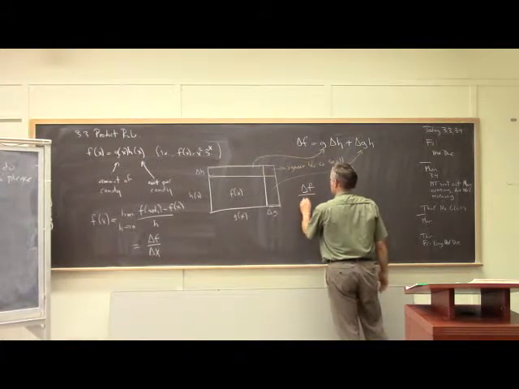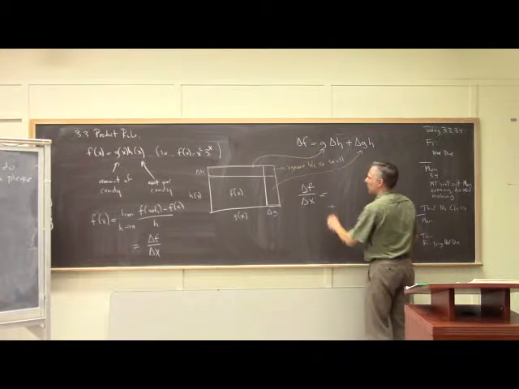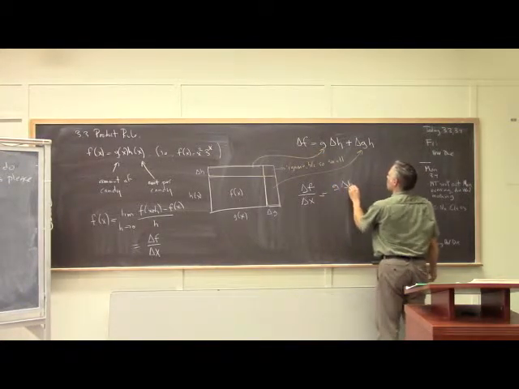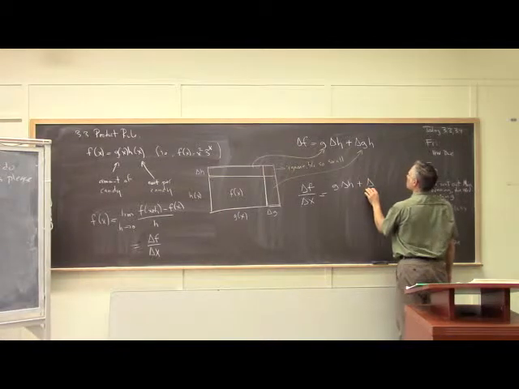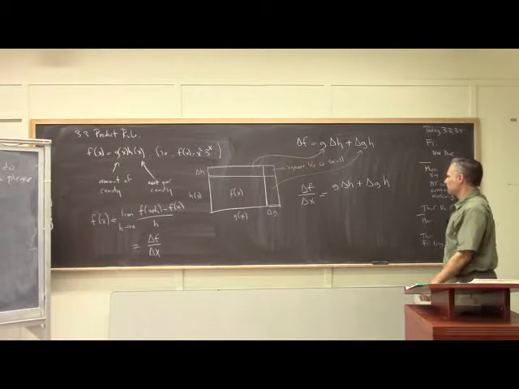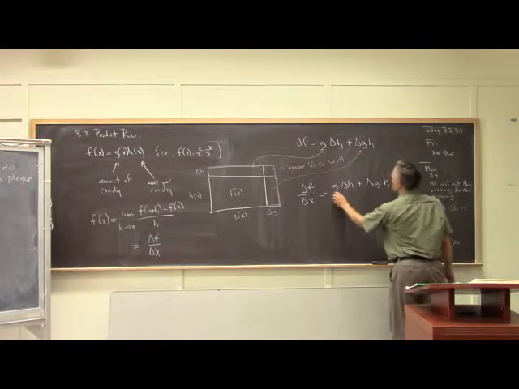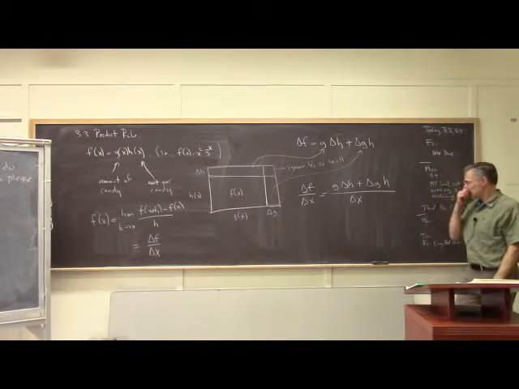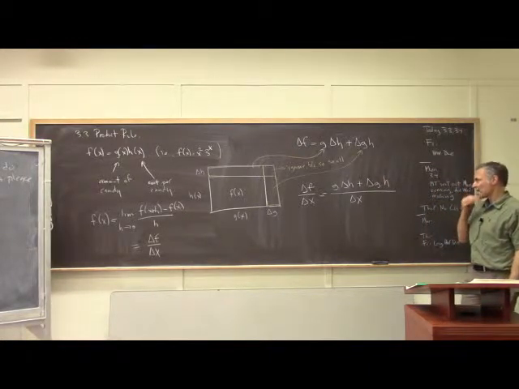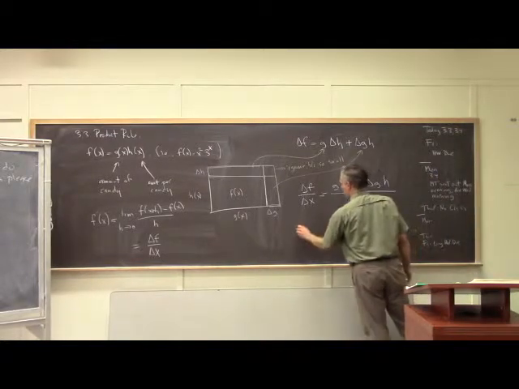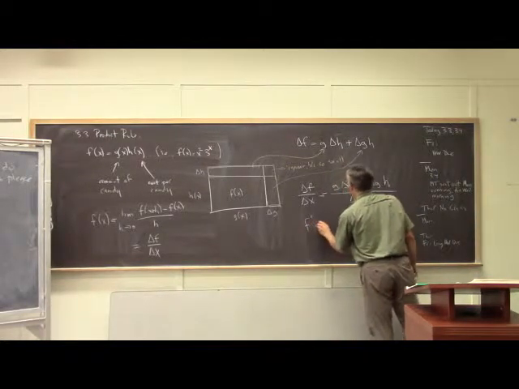So delta f over delta x. All right, I know what delta f is. That's this. G delta h plus delta g h. Sure, yep. And then I'm going to just divide by this. All right.